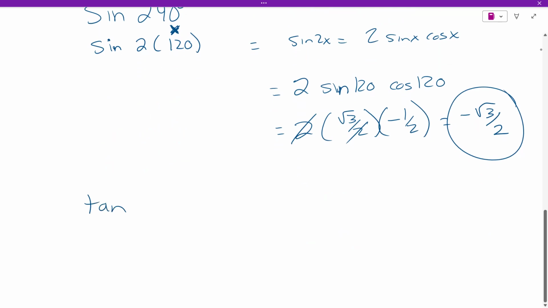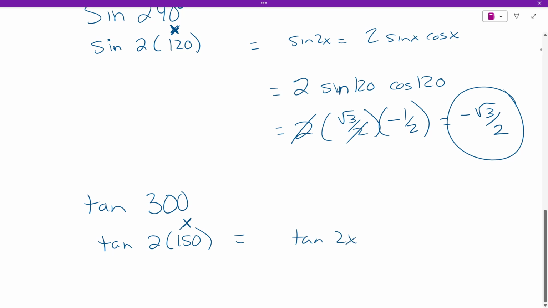Tangent of, let's just go tangent 300. There we go. Which is the same as a tangent of 2 times 150. X is 150.